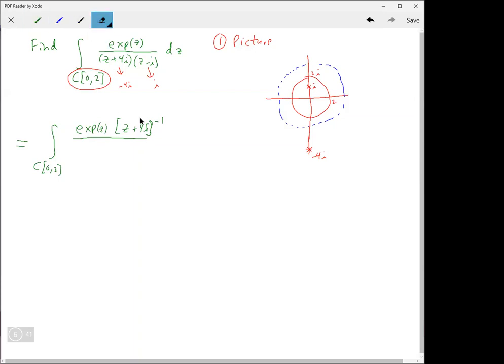Dang it, I don't like that i right there. And then just have a z minus i in the denominator. That's emphasizing that this is the only place where we have problems, right? Okay, and then compare this with Cauchy's integral formula.